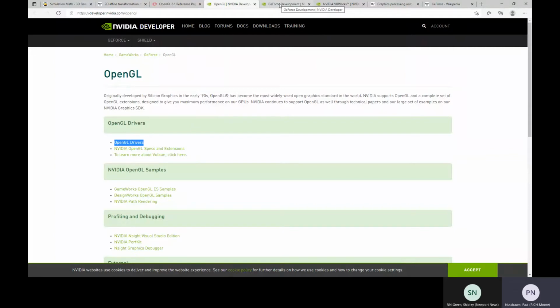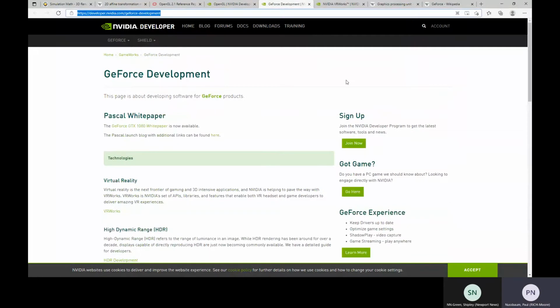But that doesn't mean that NVIDIA is only going to support OpenGL or only going to support the DirectX from Microsoft or one of the other competitors. They also support their own library, and those are usually used for cutting edge products that haven't yet made it into OpenGL.